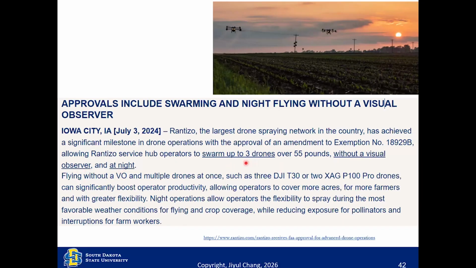That means based on the FAA regulation, mostly 1 pilot can control only 1 drone. But this company can get 1 pilot to control up to 3 drones. And then without a visual observer, that means the pilot can fly the drone BVLOS, beyond visual line of sight, and also at night. So these 3 permissions are really, really important for the drone business.